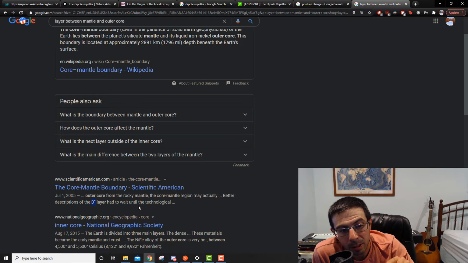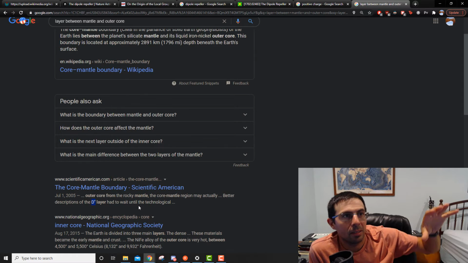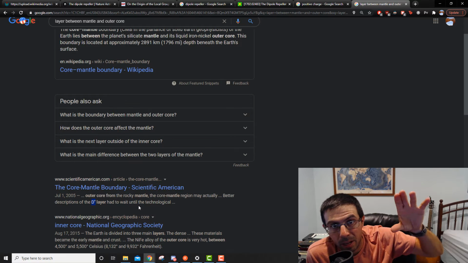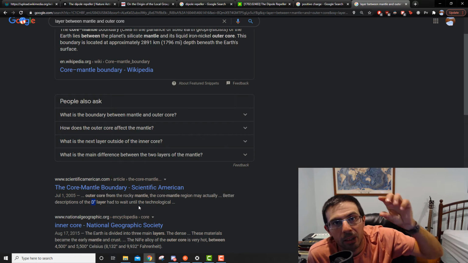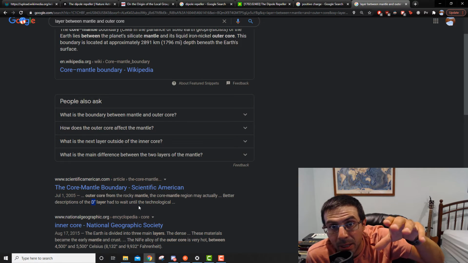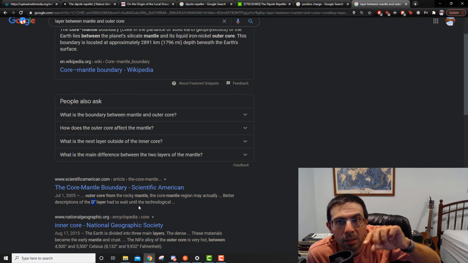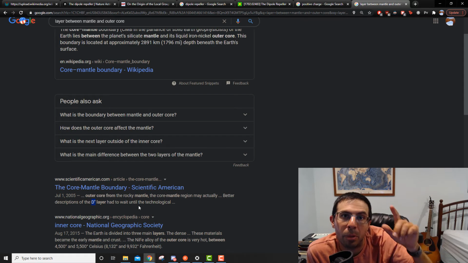It has different areas of thickness, just like the outer crust, with regions about 20 kilometers thick and regions about 60 kilometers thick. But it's the same general thickness as the crust and the same complexity.